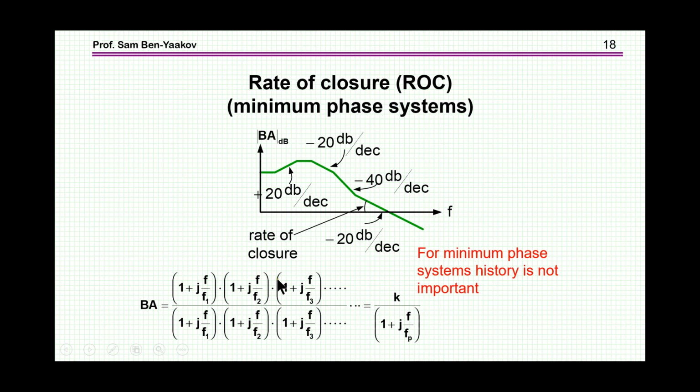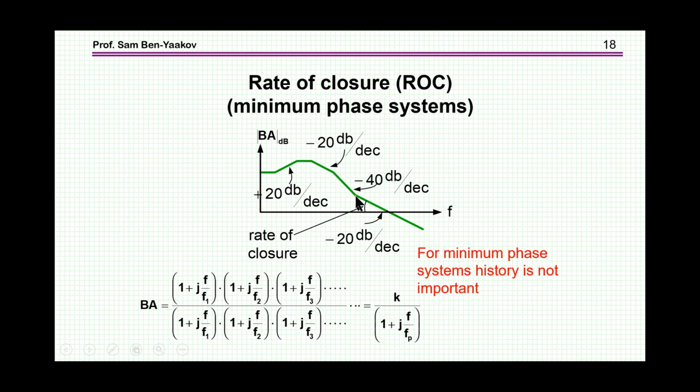Then we have maybe a pole that is reducing the phase again, and since this is going up, the pole is going down, the end result is a straight line. And then we have another pole which is causing a decrease in gain, and there will be another phase shift of minus 90 degrees, and then we have another pole here, and it has another phase shift of minus 90 degrees, but now the rate here is minus 40 dB per decade, because we have actually two poles here.